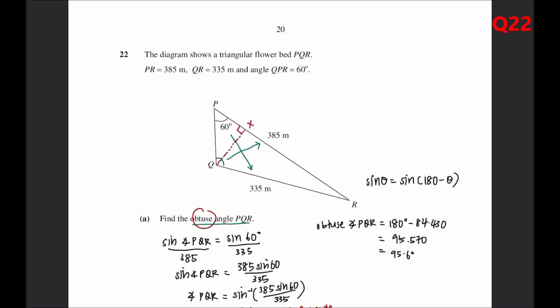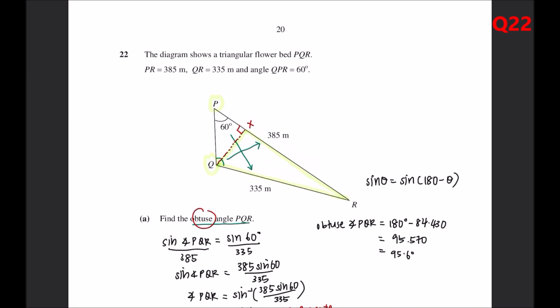How am I going to find this shortest distance, QX? Look at the information that you have. I have 335, I have 385, I already have angle P and angle Q. Let's take a look at this right angle triangle. Can I find angle R?